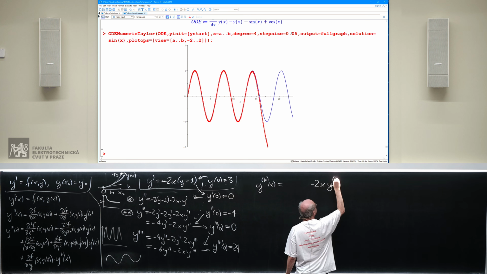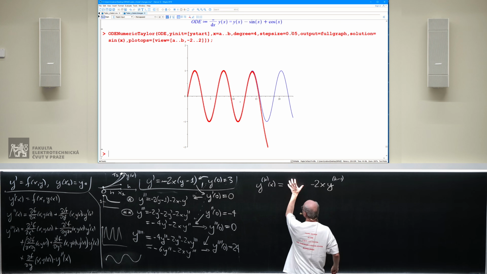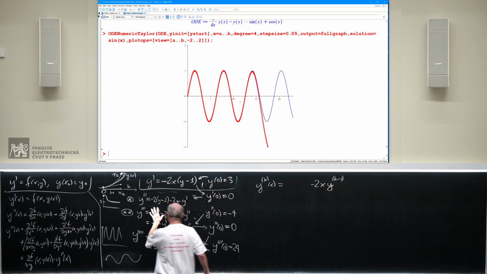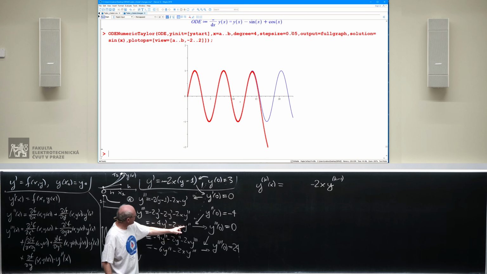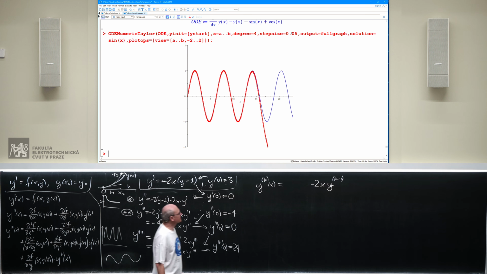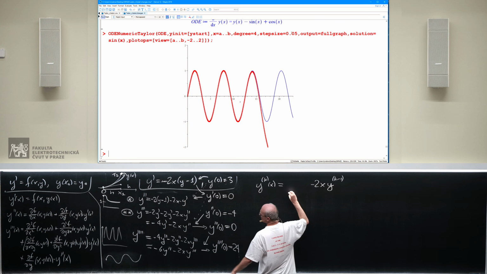So the derivative will be k minus 1. How about this term? Well, for every derivative, when we apply the product rule here, we differentiate to x, and the derivative matches with the new derivative here. So it keeps adding 2 to the coefficient. So definitely it will be double, and with minus sign.